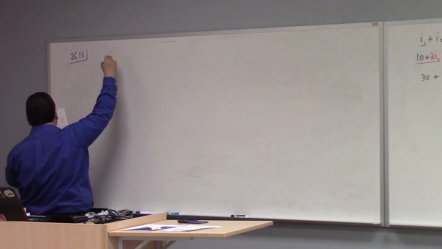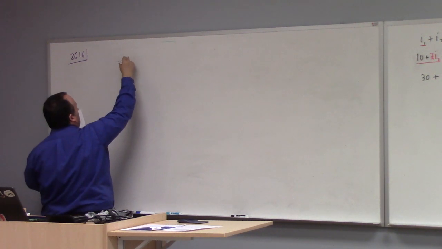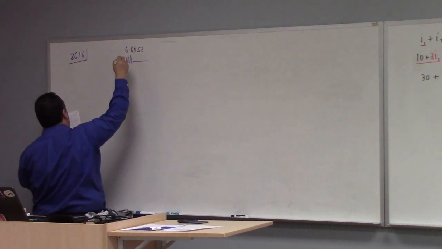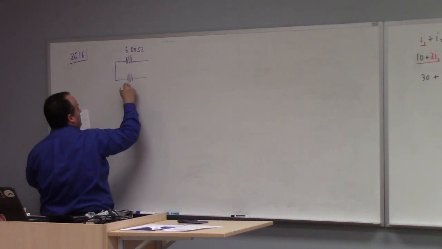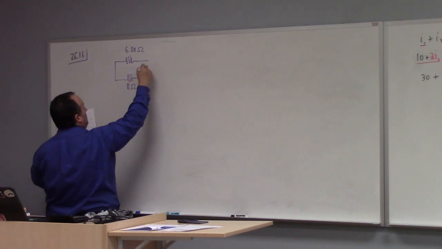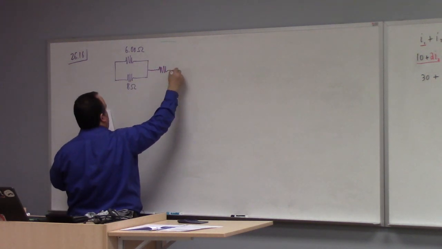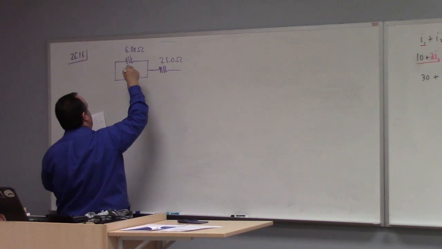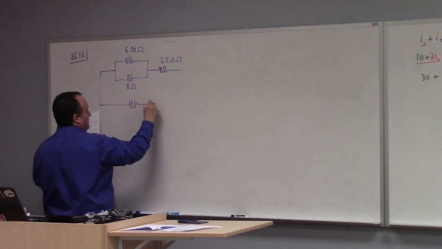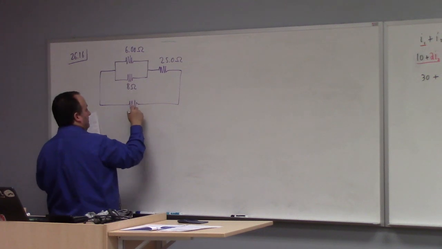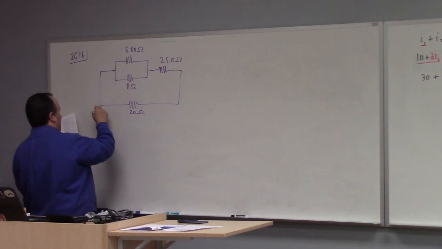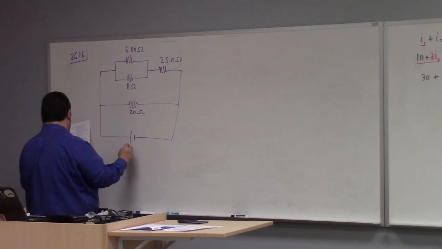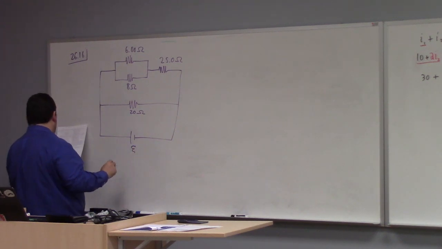So you've got a 6 ohm, and down here you've got an 8 ohm, and those are in parallel and they're in series together with this 25 ohm, and all of that is in parallel with a 20 ohm, and then all of that is put across a voltage source, which they call E. And what information are we given?